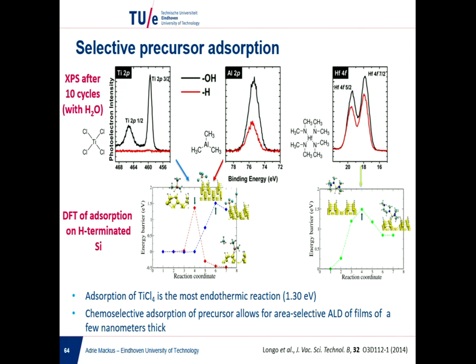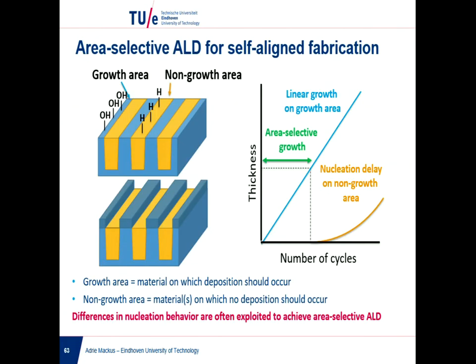Then the other thing I want to mention here is that this type of approach where you have a difference in precursor adsorption typically works only if you want to grow maybe a few nanometers of film. If you want to make a thicker film, at some point the growth starts.